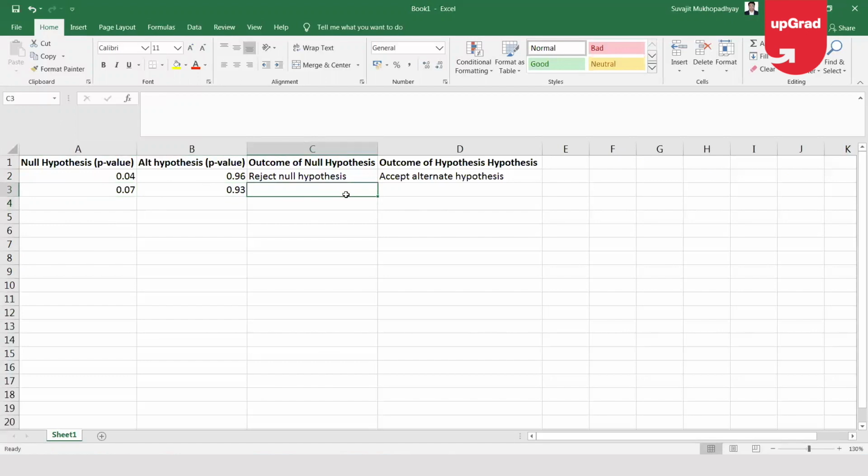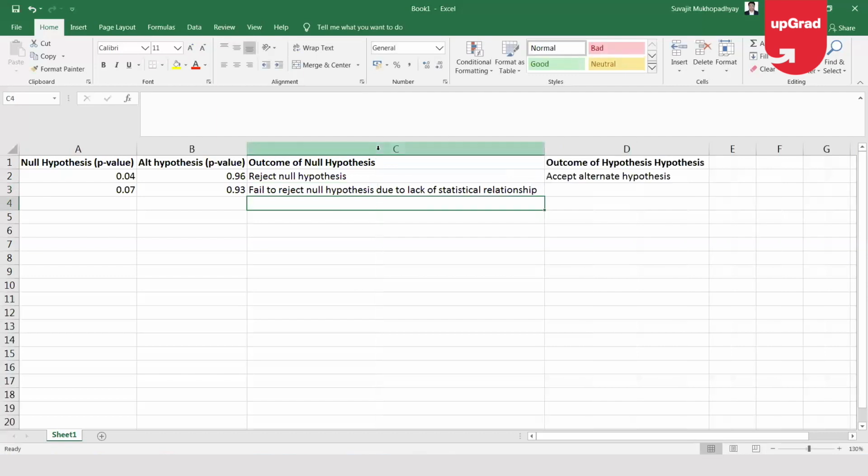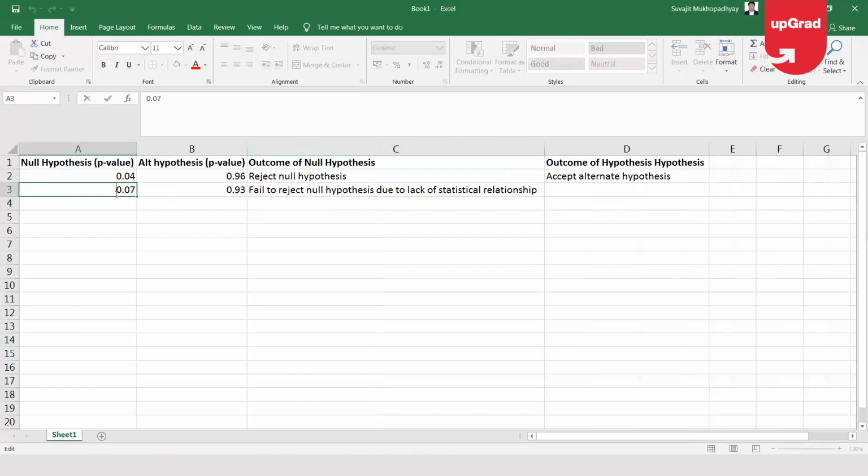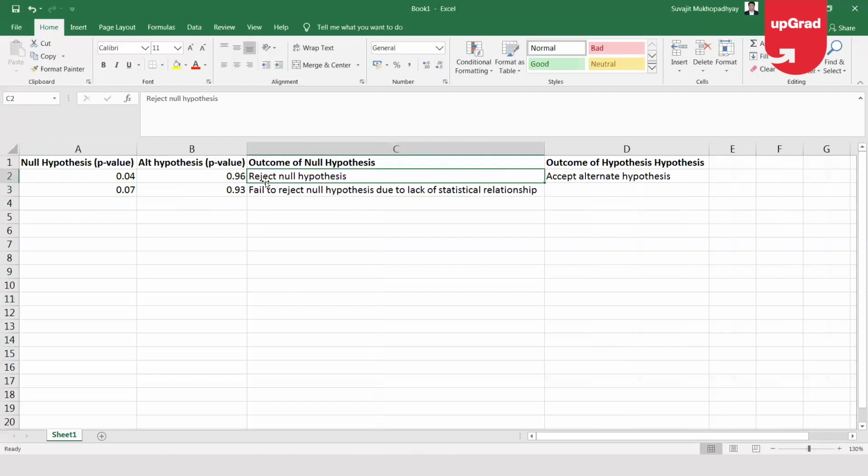In this sort of scenarios, we project like this: fail to reject null hypothesis due to lack of statistical relationship or whatever, right? So in this case, we cannot reject the null hypothesis, but we cannot accept it either, because its chances of occurrence in reality is very, very low. It's only 7%.